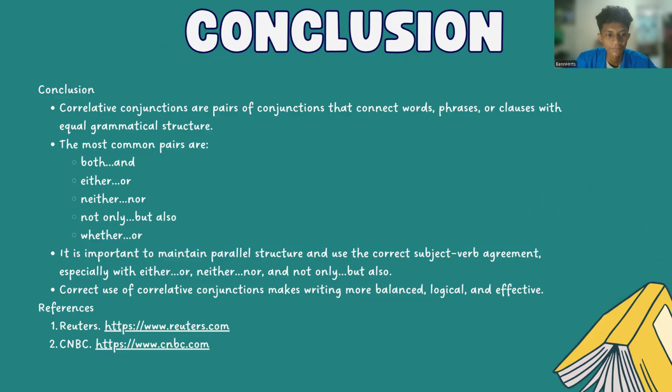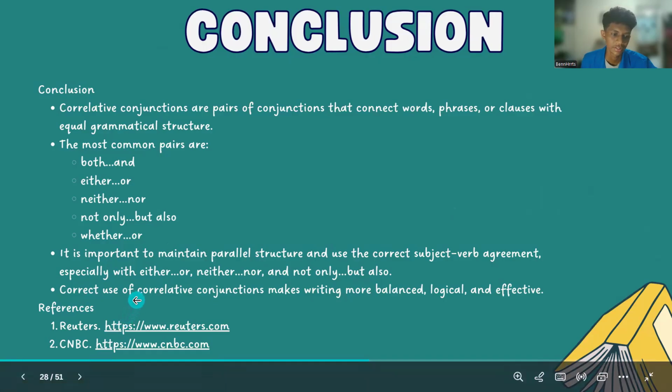It is important to maintain parallel structure and use the correct subject-verb agreement, especially with either or, neither nor, and not only but also. Correct use of correlative conjunctions makes writing more balanced, logical, and effective. And this is for the references, Reuters and CNBC.